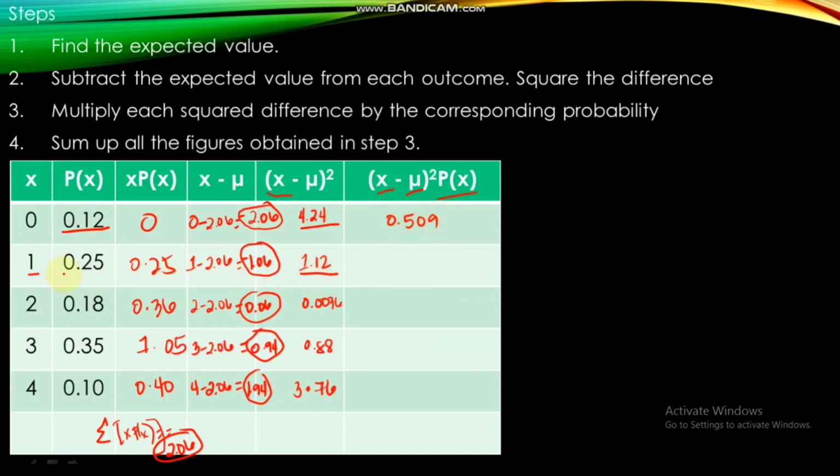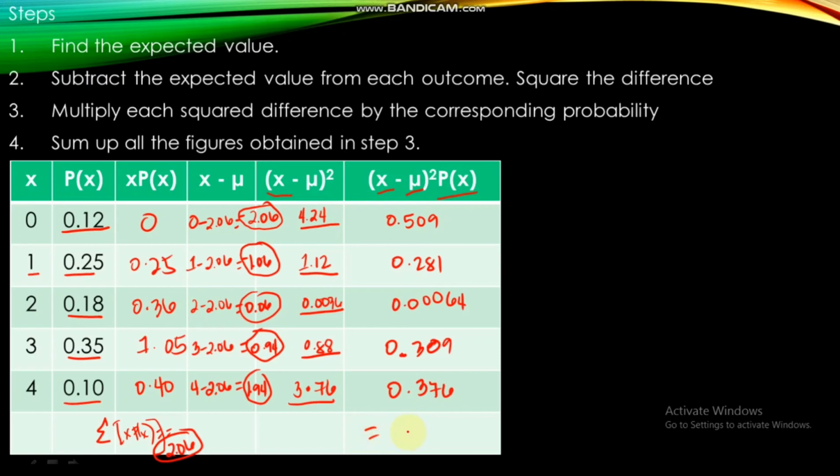The next one times 0.25 is 0.281. The next one times 0.18 is 0.0064. Then the next multiplication gives 0.309. And last, 3.76 times 0.10 is 0.3776.